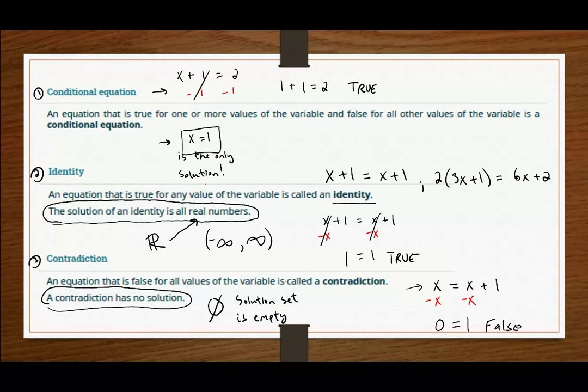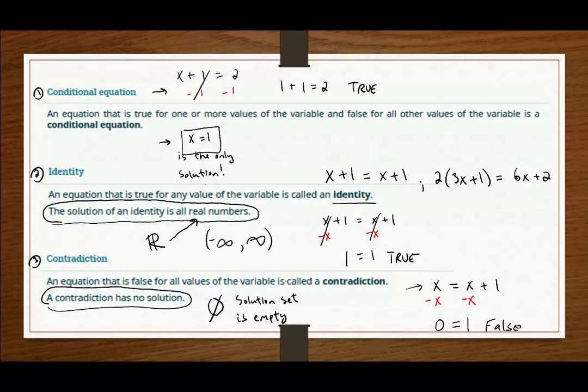So these contradiction equations prove the point that we can do all the algebra steps correctly and still not end up with a solution. So the identity and contradiction, as I said, share the similarity that when we go to solve them algebraically, the variable disappears. But if I'm left with a true statement, I'll have had an identity equation to begin with. If I'm left with a false statement, it must have been a contradiction.